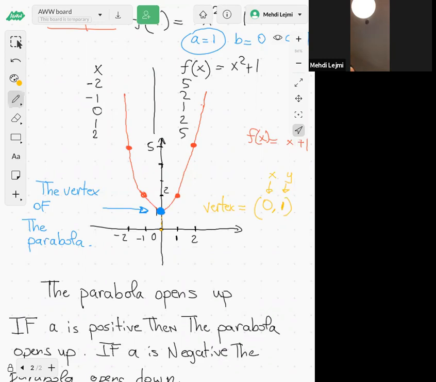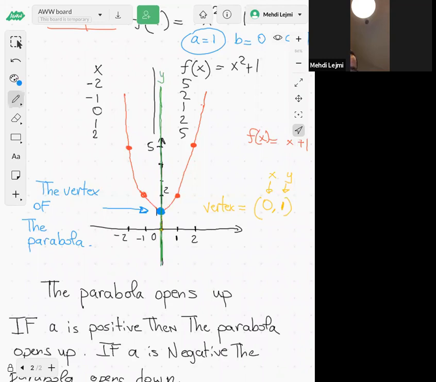As you can see, this parabola is symmetric about the y-axis, this vertical axis. The distances of the points from the y-axis are similar.